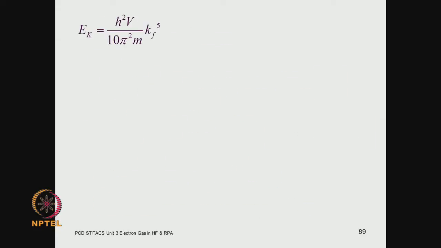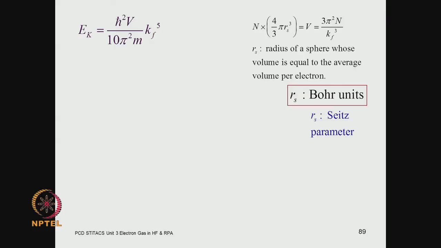And what we did was to estimate an average radius which an electron would have, in consideration of the total volume occupied by n number of electrons. That gives us some estimate of an average radius for an electron, and you find that this Rs and Kf are inversely related.